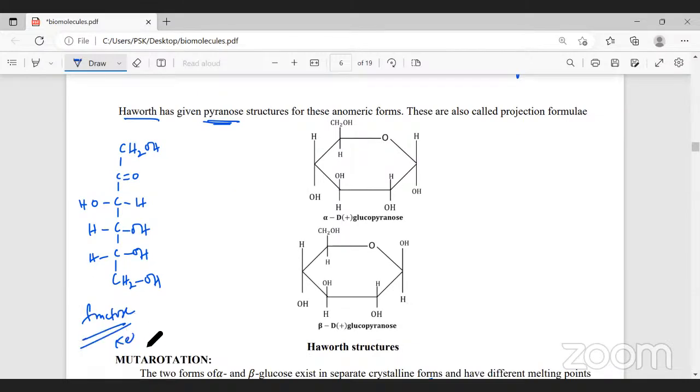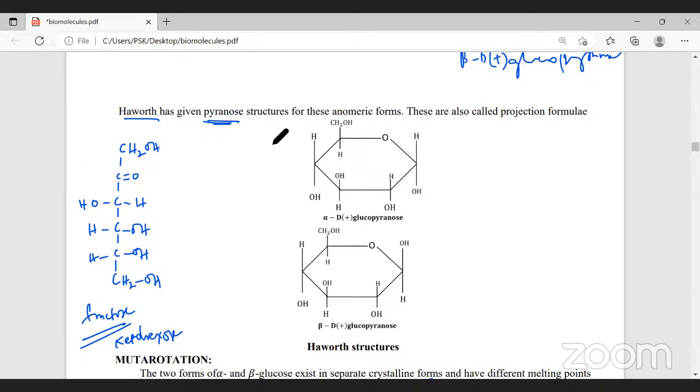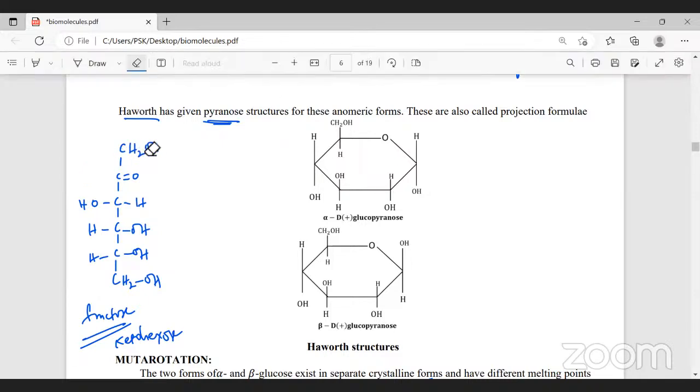Fructose is an example of a ketohexose. Now, in order to write the open chain structure of fructose, instead of showing the CH2 group OH here, I will write CH2OH on the left-hand side. For one more molecule, I will write CH2, C double bond O, and CH2OH on the right-hand side edge.